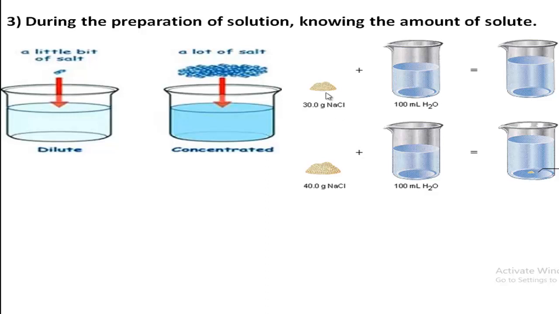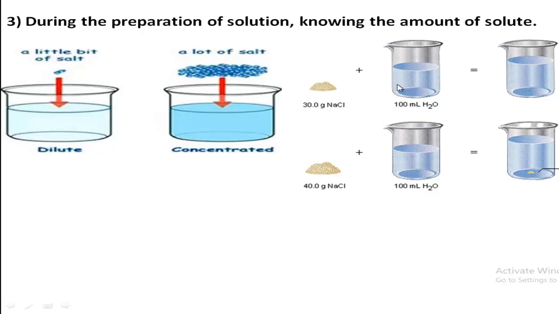When the difference in amount is very small, sometimes it is difficult to identify the dilute and concentrated solution by tasting. For example, here sodium chloride is used so you can easily taste it, but here 30 gram sodium chloride is used, and in this picture 40 gram is used. Only a 10 gram difference.